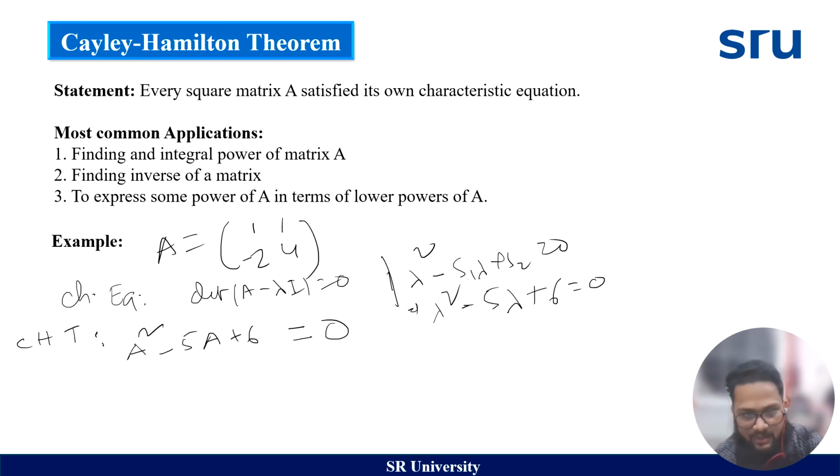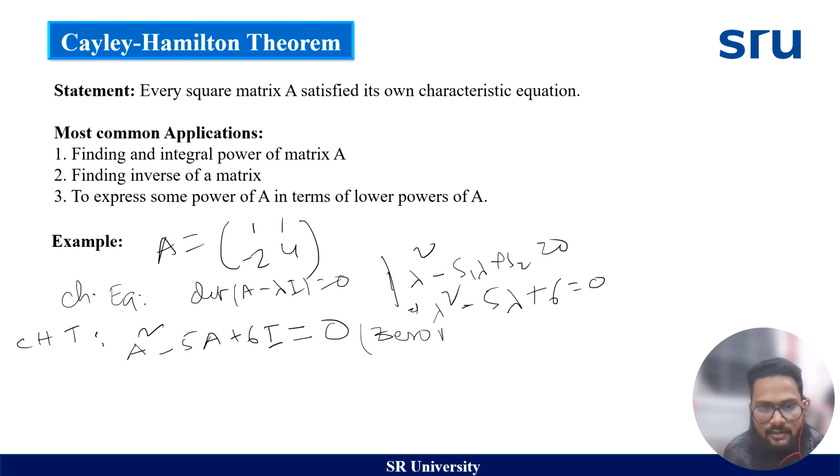A is the matrix, so A square is fine, minus 5A is fine, since A square will again be a 2 by 2 matrix. But 6 is a scalar, so you cannot add it. So please put an I, the identity matrix, whenever you get a scalar. It will be the 2 by 2 identity because the matrix is 2 by 2, right? So this should be equal to the 0 matrix.